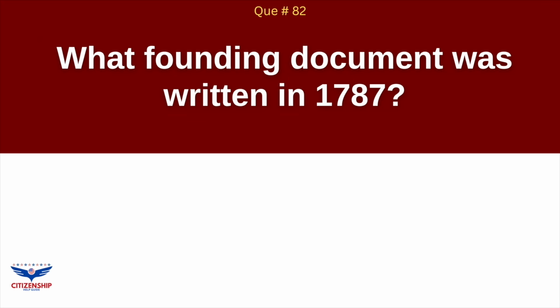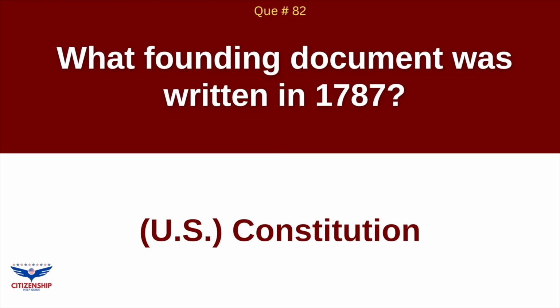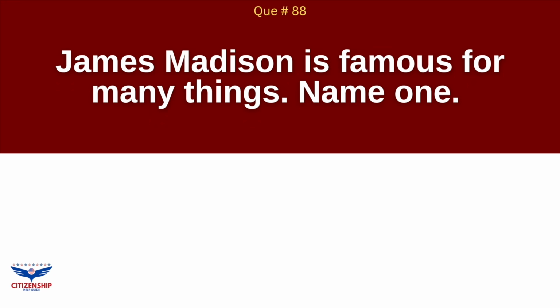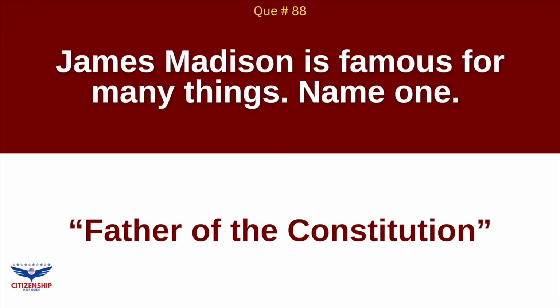What founding document was written in 1787? U.S. Constitution. James Madison is famous for many things. Name one. Father of the Constitution.